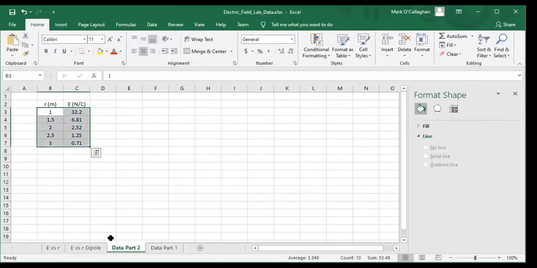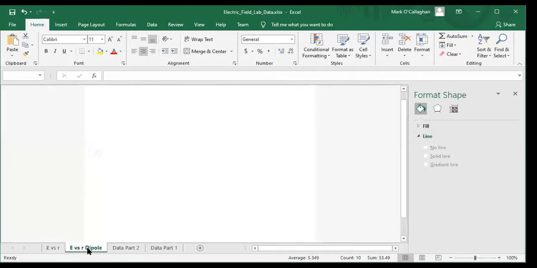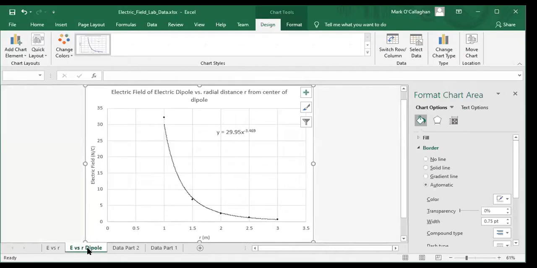So I did all that earlier. I have a tab I called electric E versus R for dipole. And so you bring that up, and I get something that looks like this. I look at it and say, okay, interesting. So I did the trend line. I chose power again, and I'm seeing that Y is some number, 29.95, X to the negative 3.469.